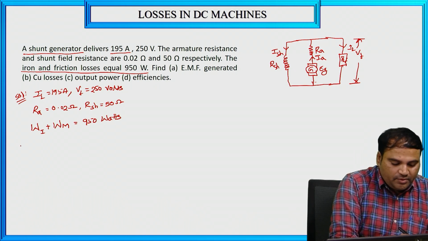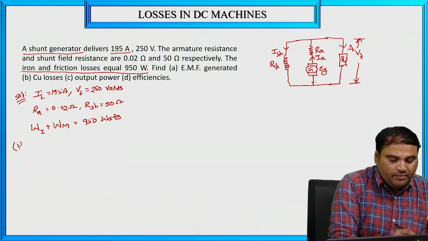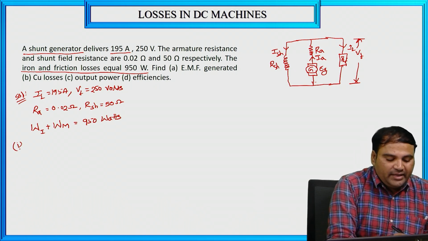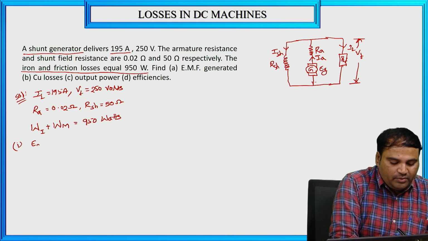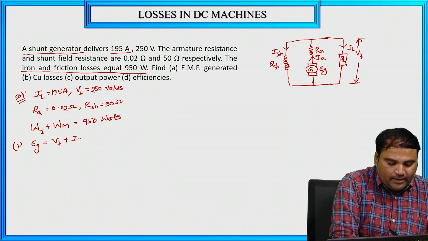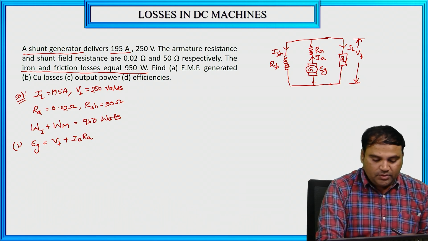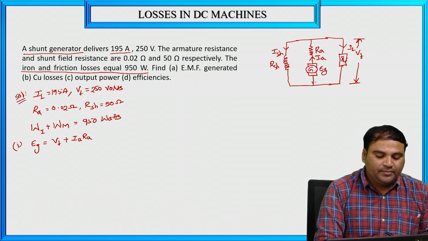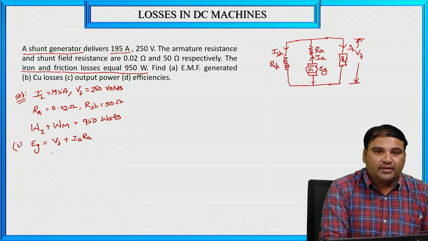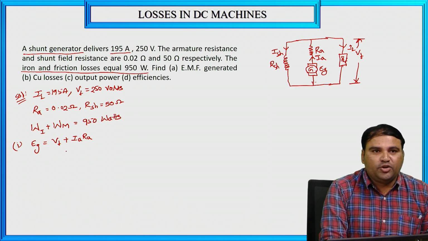So first bit is we have to calculate the generated EMF, that is EG, equal to VT plus IA RA, right? So now the terminal voltage is there, VT equal to 250 volts, and RA also is there, that is 0.02.